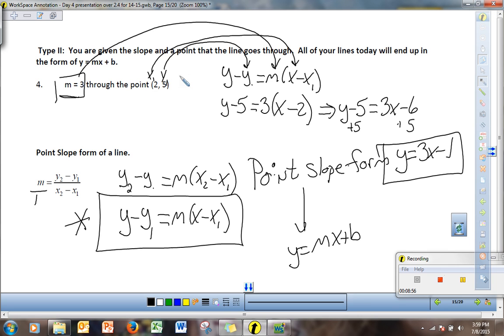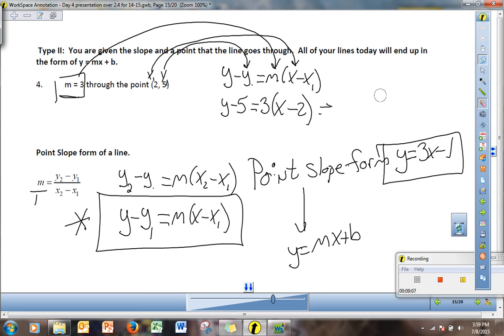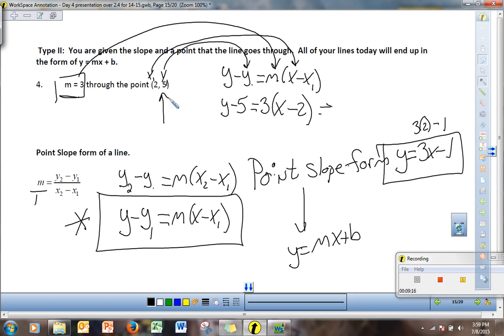I could check it by plugging in a 2 right here. 3 times 2 minus 1, and that equals 5, the value that I need to see. So guys, every time we're going to write down this equation, we're going to sub in the numbers, and we're just going to go to work on it.